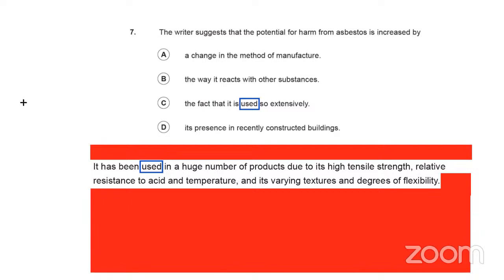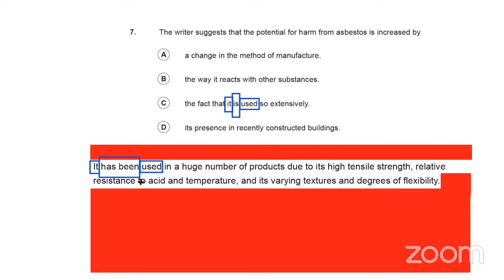So here, used. It is used means it has been used for quite some time.